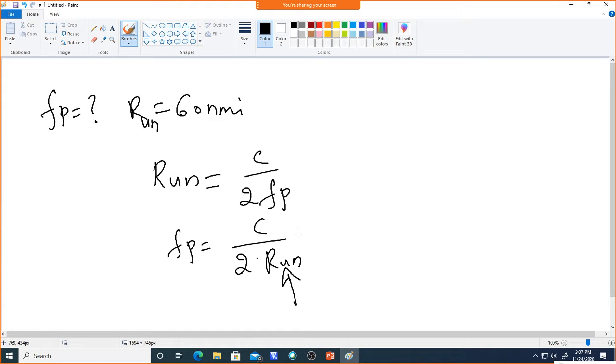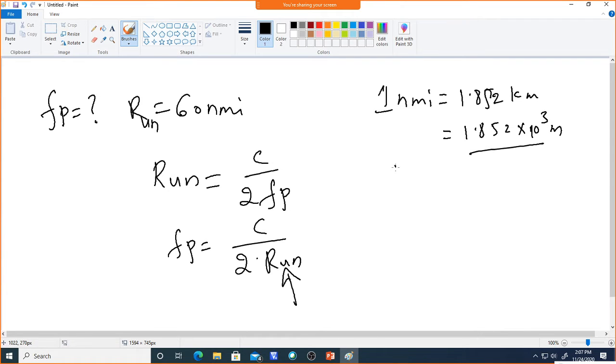If you convert this into meters, then you will know the pulse repetition frequency. Now, 1 nautical mile is equal to 1.852 kilometers, or you can write it as 1.852 into 10 power 3 meters.